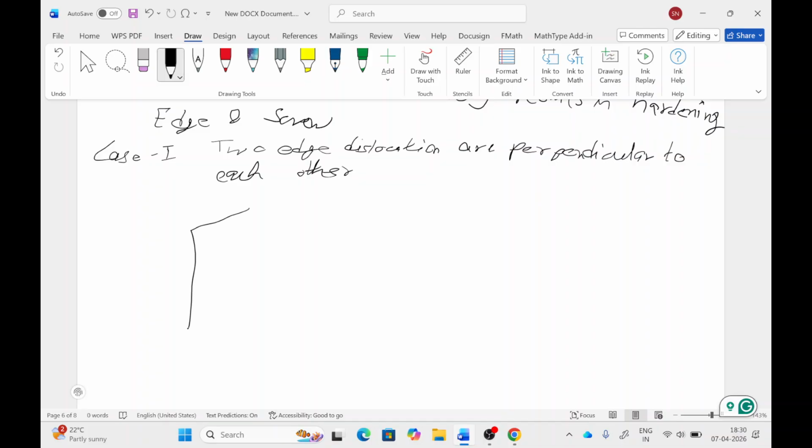If we draw two planes, the first plane is this, and this is the dislocation line.